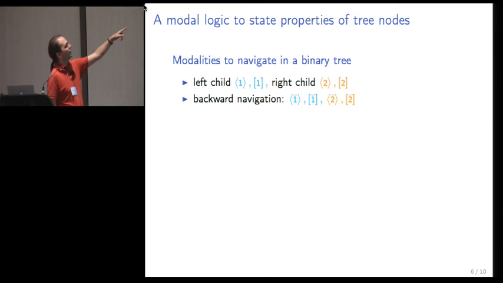Okay, so 2 means I am a right child. So the diamond 2 bar means I am a right child and my parent satisfies some phi. And the square 2 bar means if I am a right child, then my parent satisfies phi. Okay, thank you.